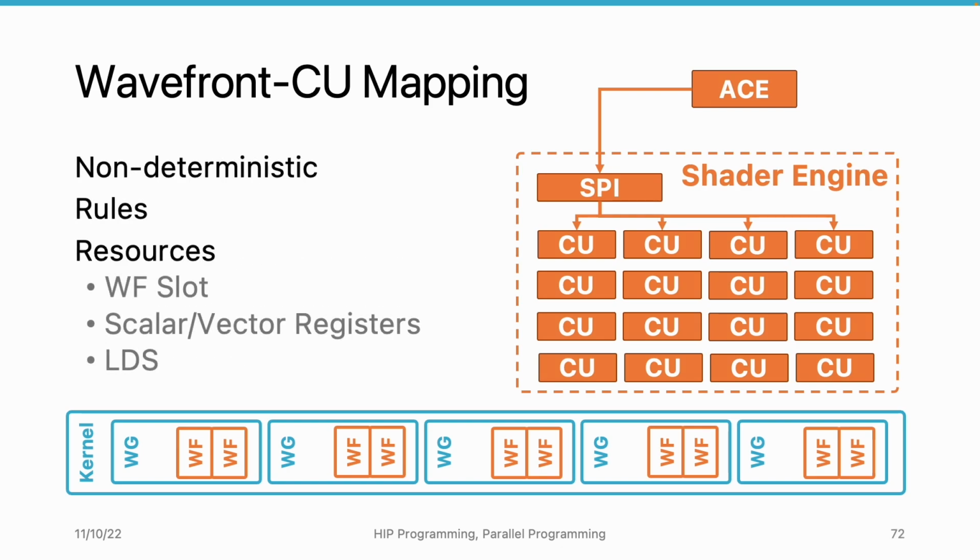The first one is the wavefront slot. We'll talk about wavefront slots later. And we also consider scalar and vector registers, if there are enough registers to execute the workgroup. And finally, we care about shared memory, or local data share in AMD terminology, if there is enough space to hold the LDS requirement for each workgroup.